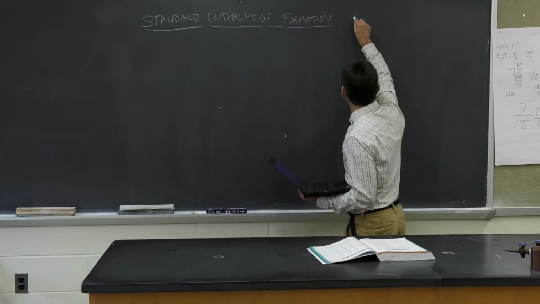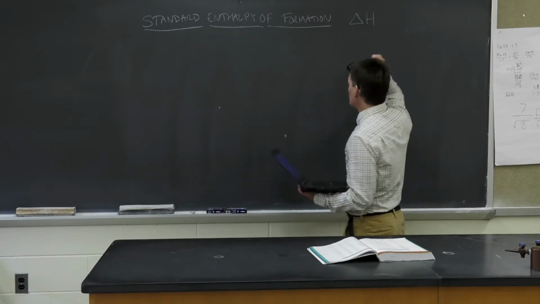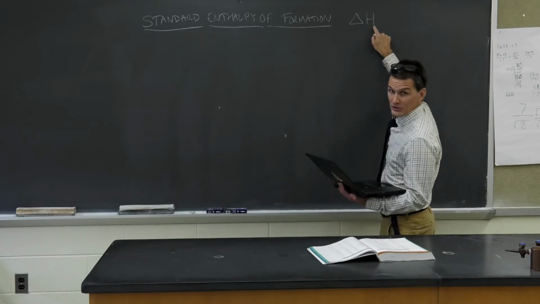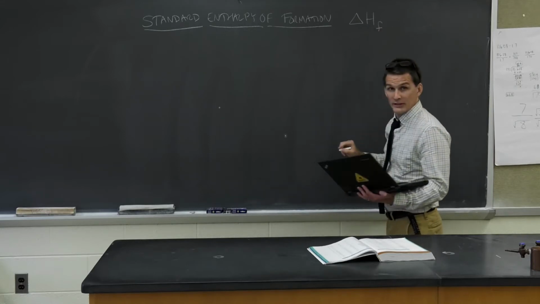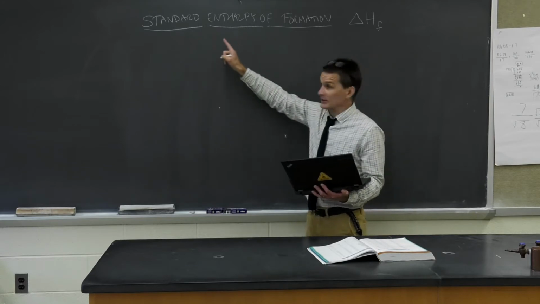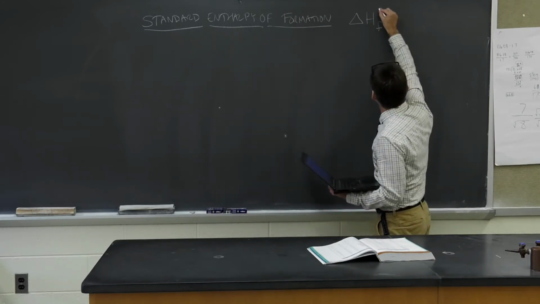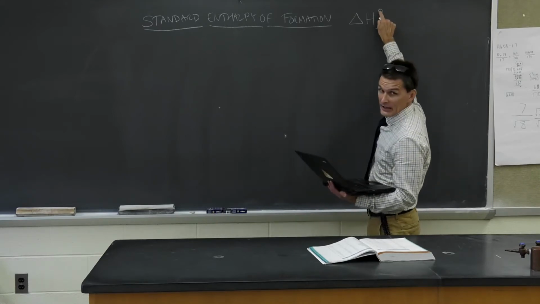I've been symbolizing the enthalpy change for a reaction like this. If you see me or see it in the book where there's an enthalpy change for a reaction written with a little subscript down below that says an F, this refers specifically to the enthalpy of formation. And if you see a superscript 0, this means standard state.